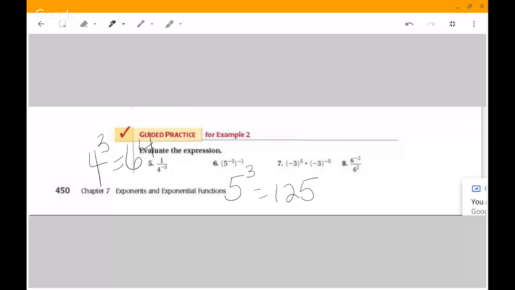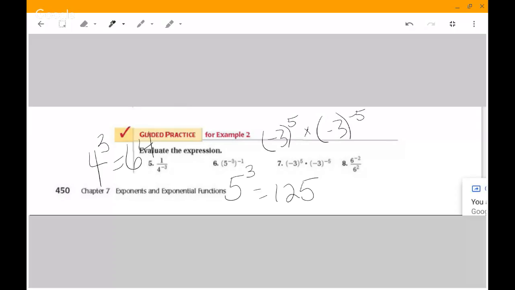They're both negative 3. So when you have 2 of the same bases multiplied by each other, you add the exponents. So you're going to add 5 with negative 5.